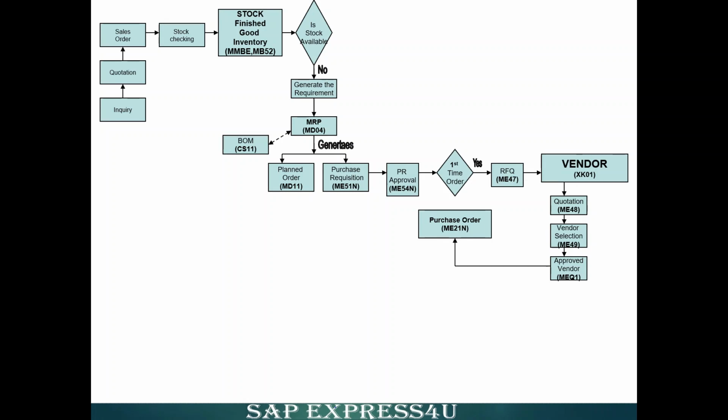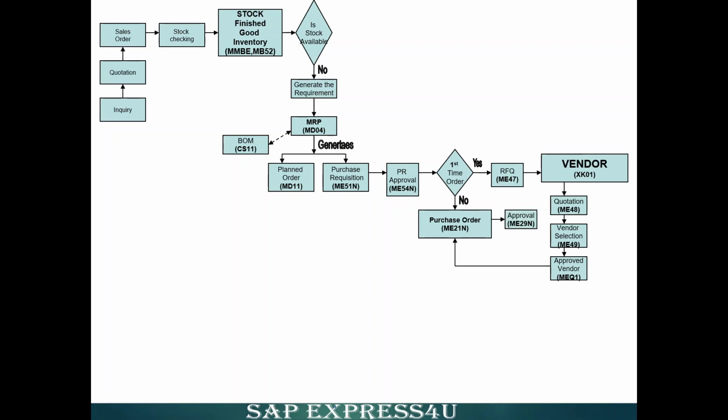There are a lot of things defined in this purchase order. So that's what I'm saying: if it's a first time order, we need to complete this whole process. But if it is not a first time order, that means after PR approval, we know the vendors, and we will raise a purchase order directly.